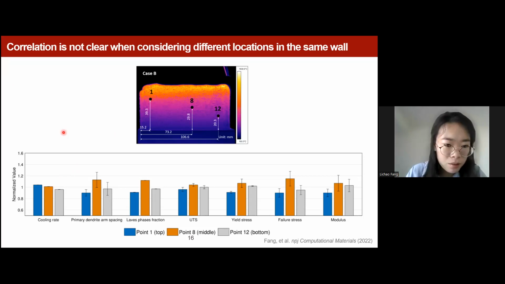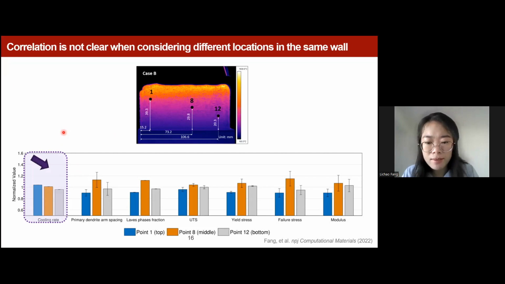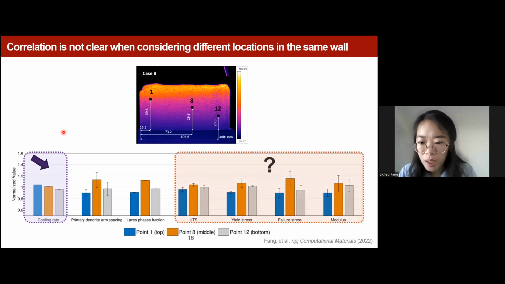We compare the cooling rate, microstructure, and mechanical properties. From the top to the bottom, the cooling rate is decreasing, while the mechanical properties are actually not linearly correlated with the cooling rate.